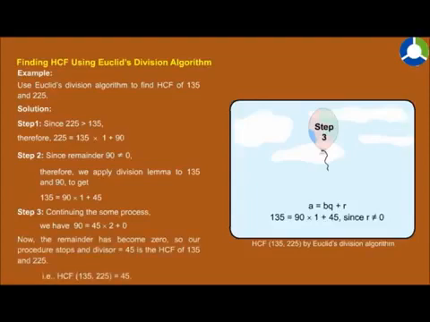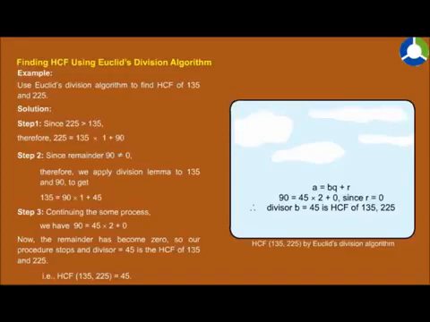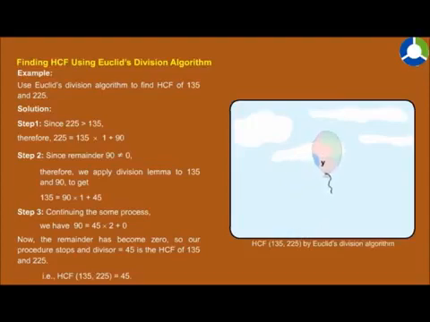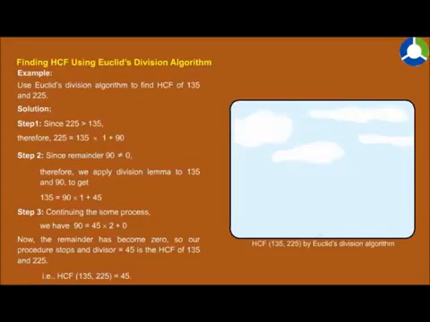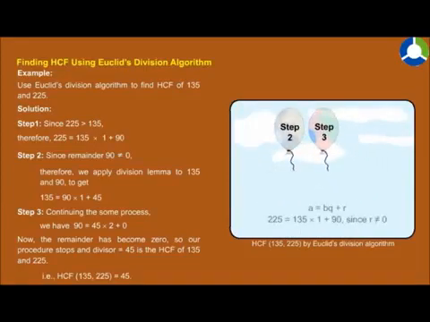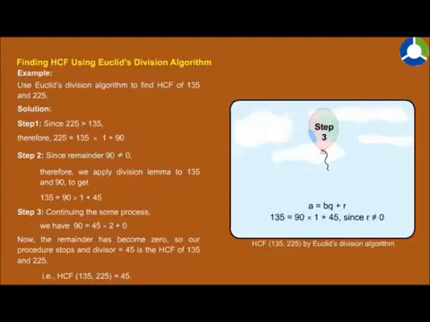Now the remainder has become 0, so our procedure stops, and the divisor 45 is the HCF of 135 and 225. That is, HCF of 135 and 225 is equal to 45.